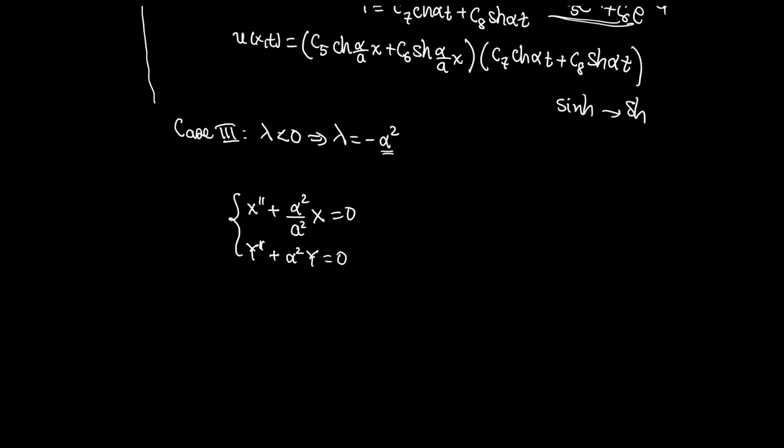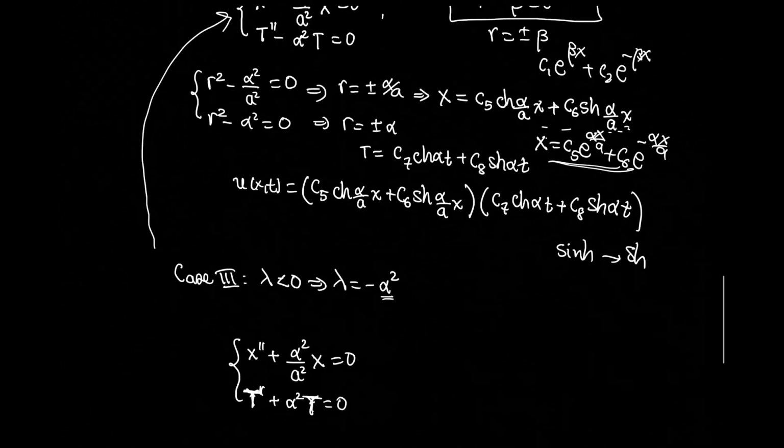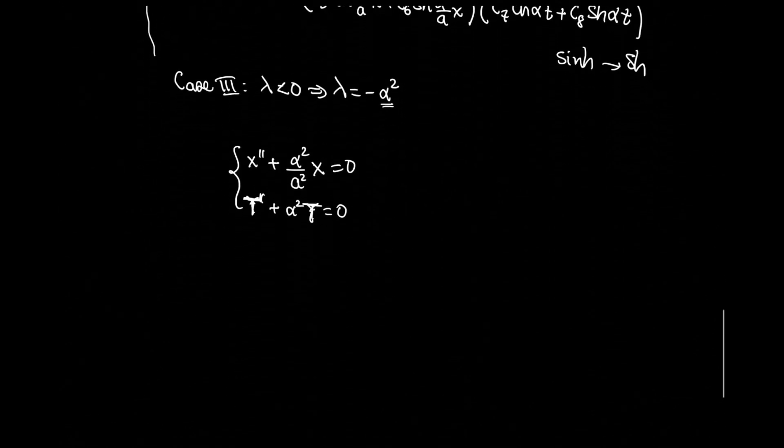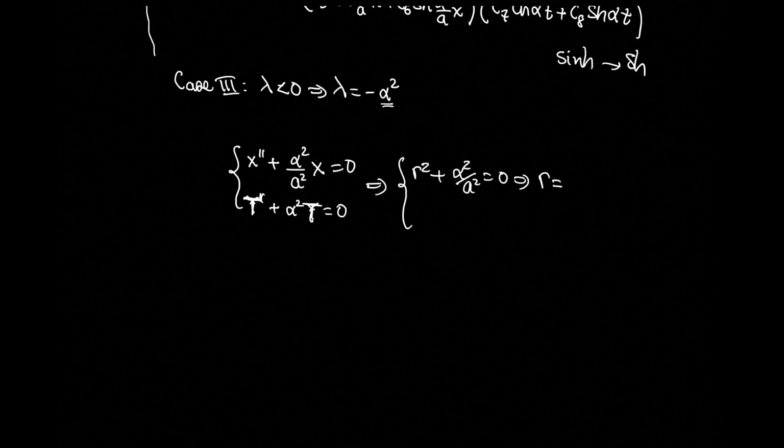Now again, if I solve the characteristic equation, I get r squared plus alpha squared over a squared equal to 0, so r is equal to plus or minus a complex number. And r squared plus alpha squared equal to 0 for t, then you get r equal to plus or minus alpha i, complex.